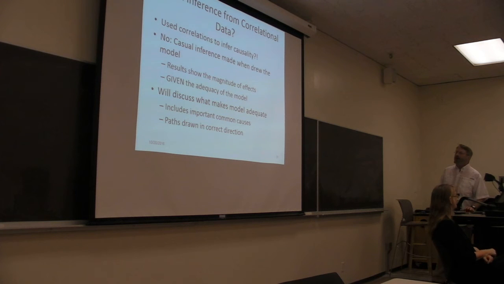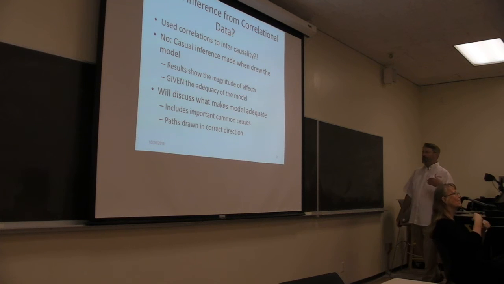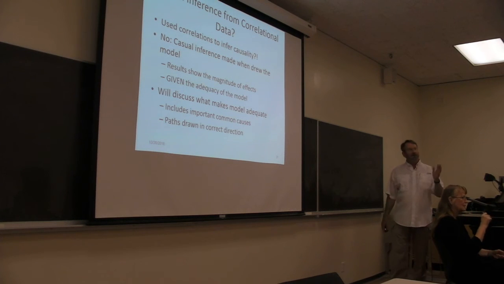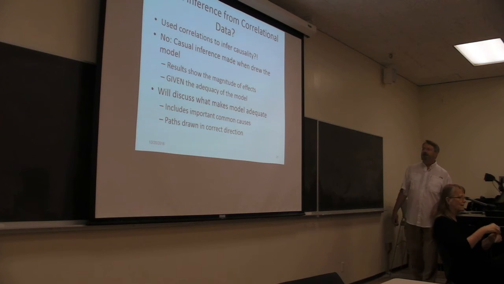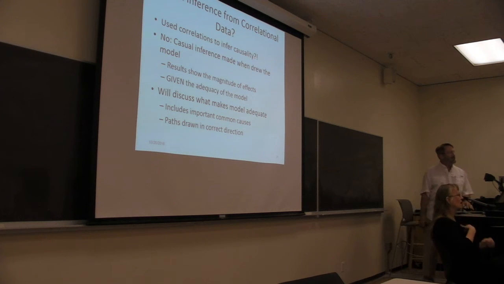But I'll also point out to you that we didn't make the causal inferences from the correlations. We didn't see the correlations and say, oh, well, this affects this. In fact, we made the causal inference when we drew the model in the first place.